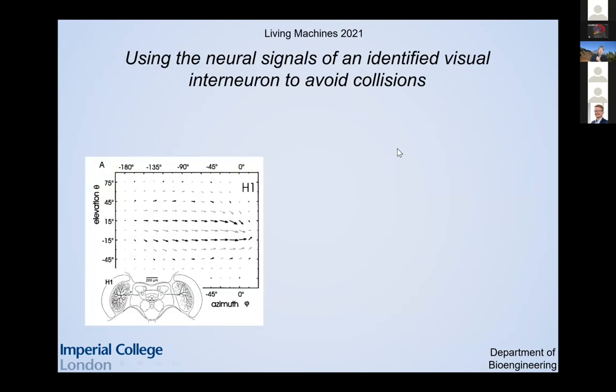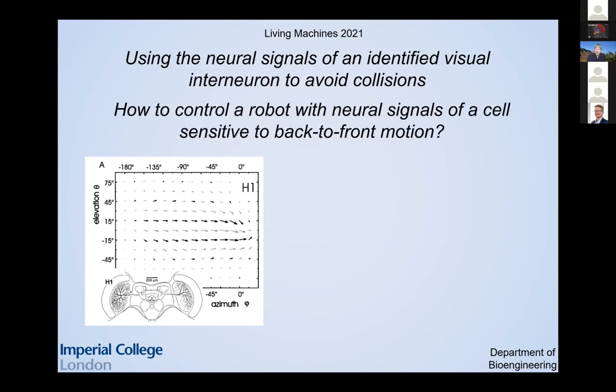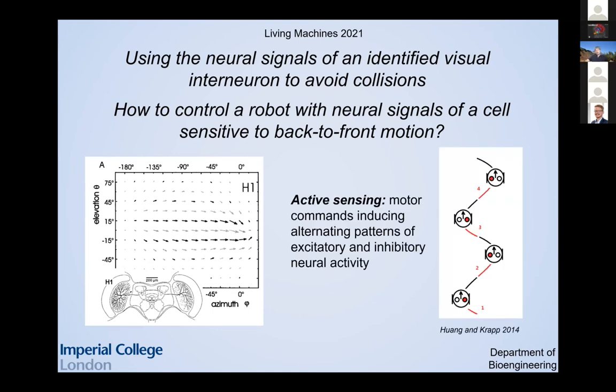Now, here is the receptive field again of that neuron I showed you earlier, the H1 cell, and it has sensitivity to motion from back to front. Well, obviously, that's a little bit tricky to use those signals to control a robot if the robot is supposed to move forward.